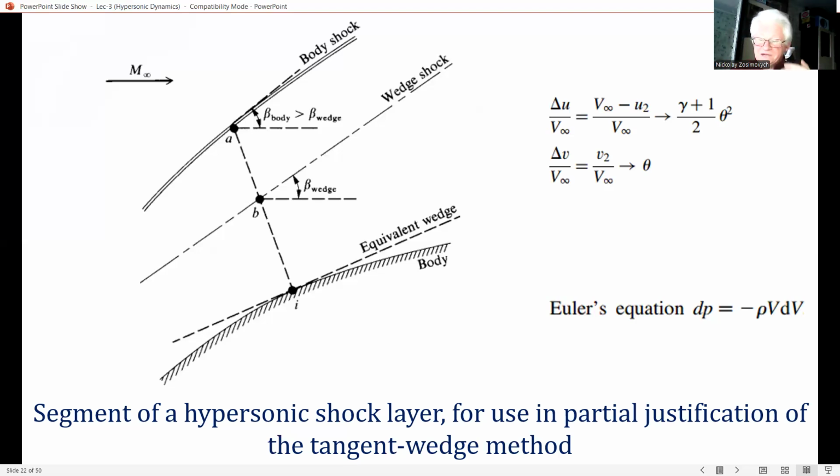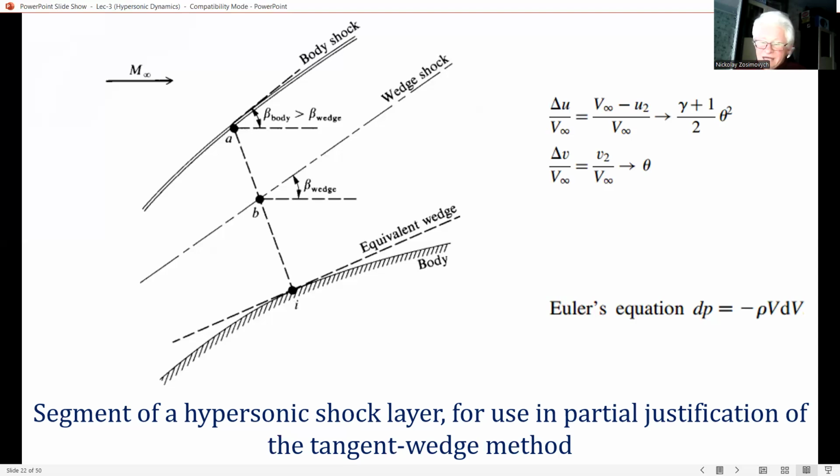And referring to this last equation, the principal change in pressure is therefore along the normal line. By comparison, changes in the flow direction are second order.